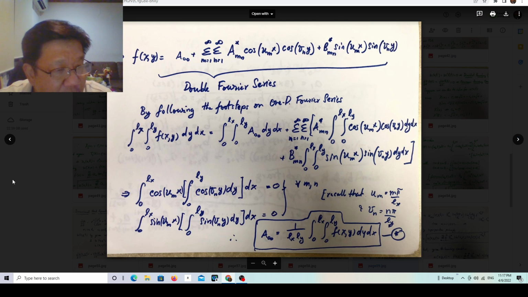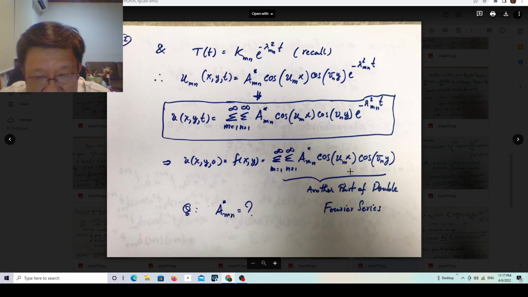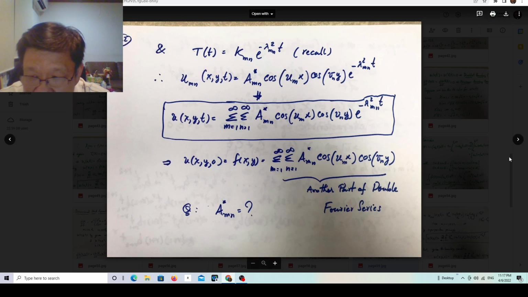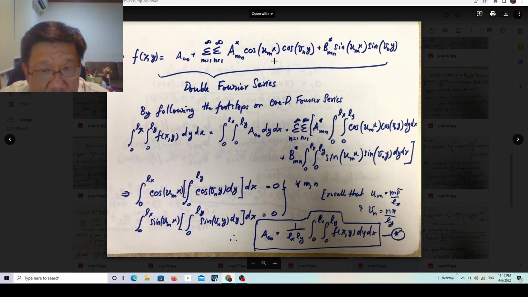So if you combine these two terms from both the Dirichlet condition and the Neumann condition, you end up having these two terms added together. The first term in the summation belongs to the Neumann condition.